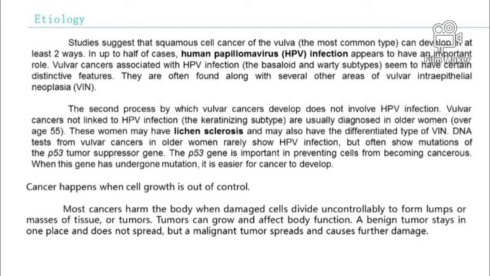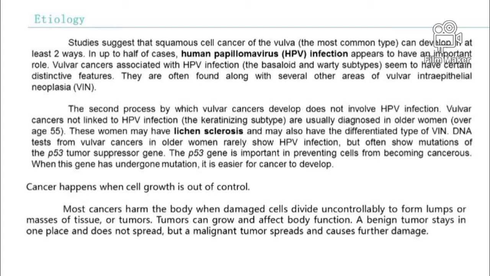DNA tests from vulvar cancer in older women rarely show HPV infection, but often shows mutation of the p53 tumor suppressor gene. The p53 gene is important to prevent cells from becoming cancerous. When this gene has undergone mutation, it is easier for cancer to develop.